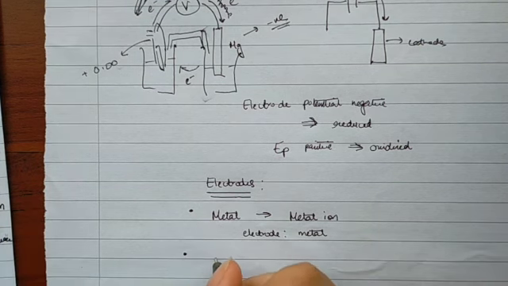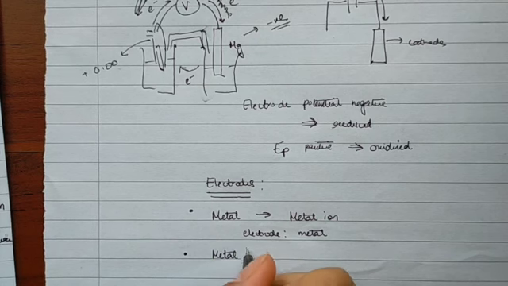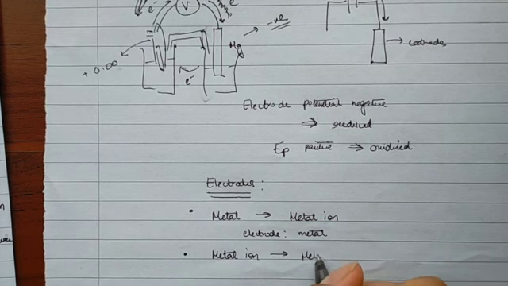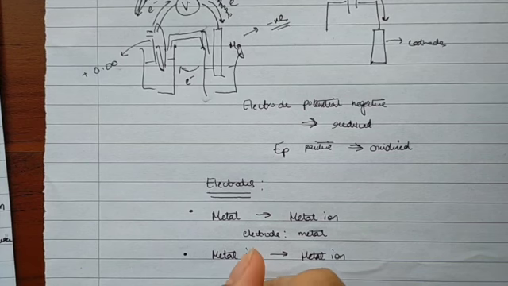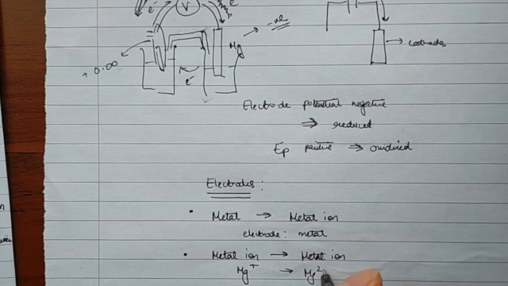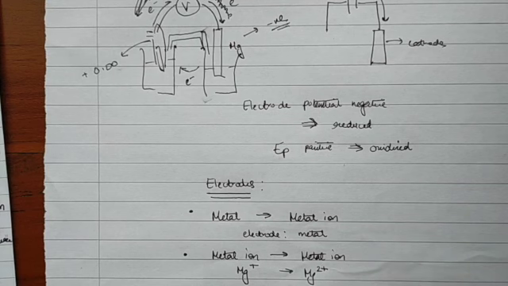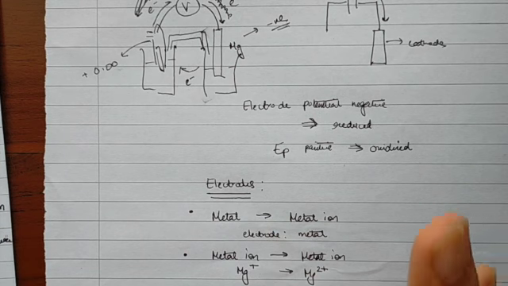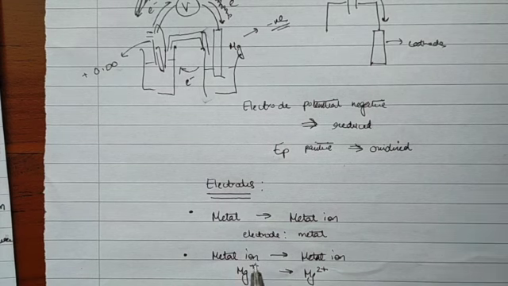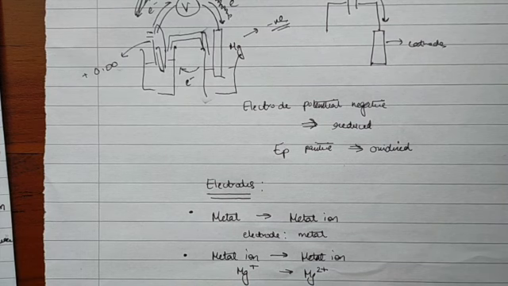If you are going from a metal ion to a metal ion, for example from Mg+ to Mg2+, and past papers can ask this, then the electrode you use is an inert electrode, because you don't want the metal atom to interfere with the ion transferring to an ion. The electrode you will use is platinum because it's inert.